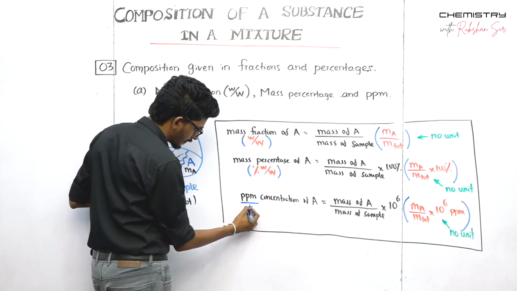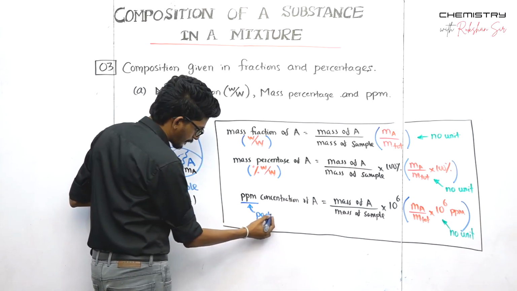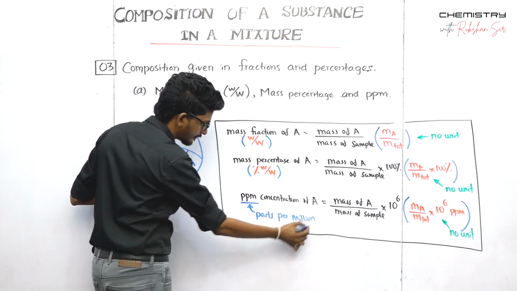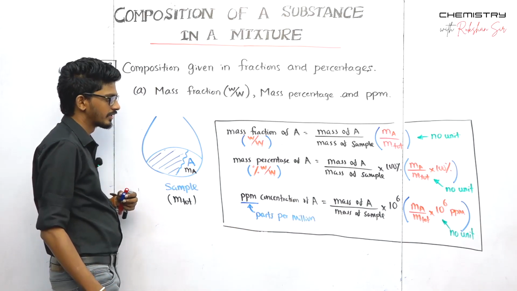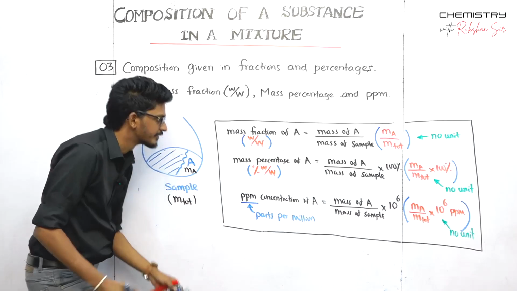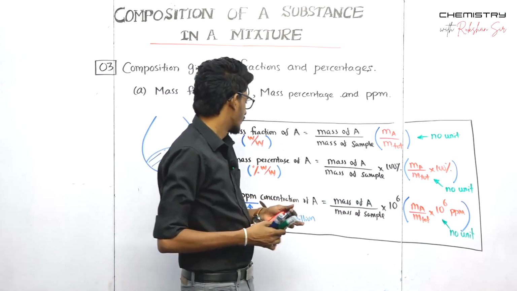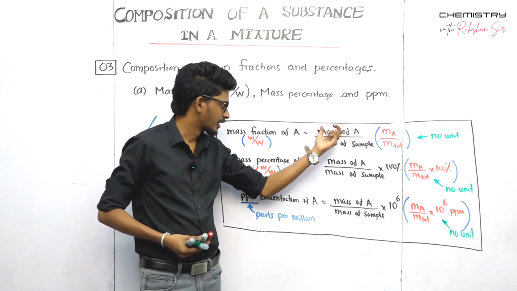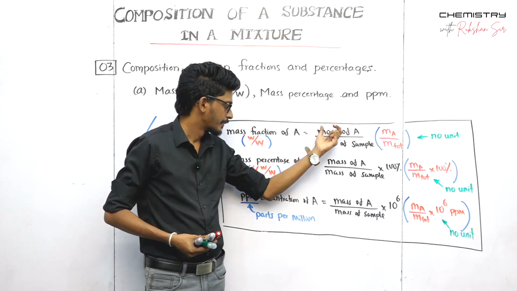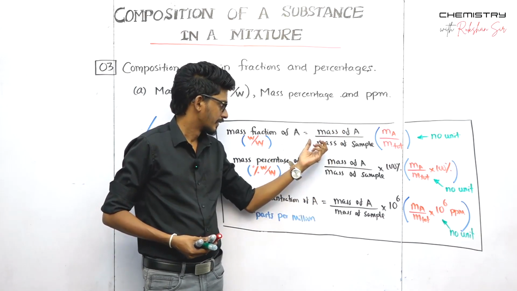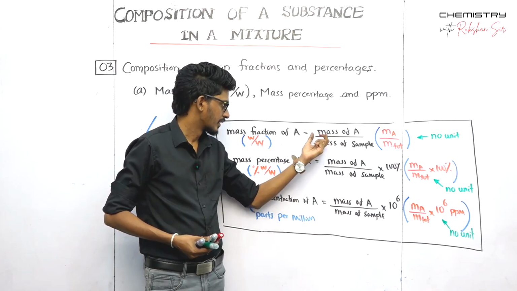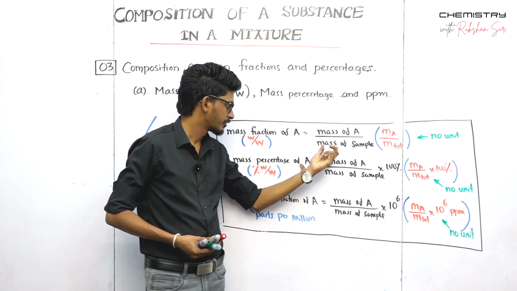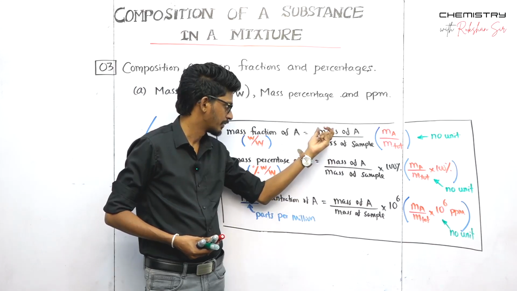That is why we multiply by 10 to the power 6. So here it is actually parts of the constituent substance per one part, like grams of A, or kilograms of A per 1 kilogram of sample.